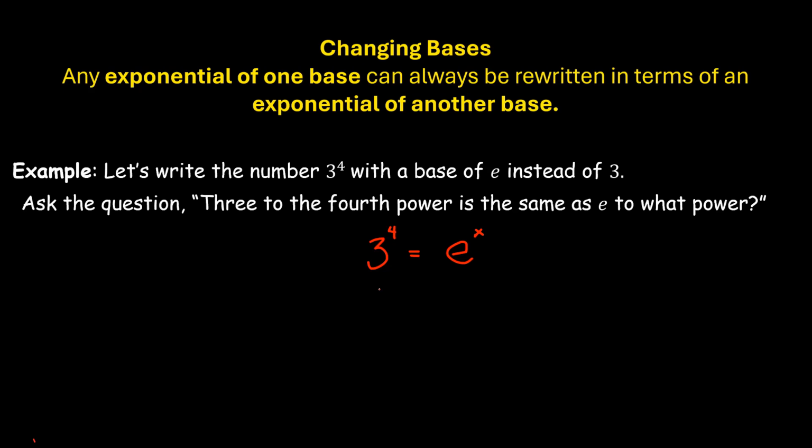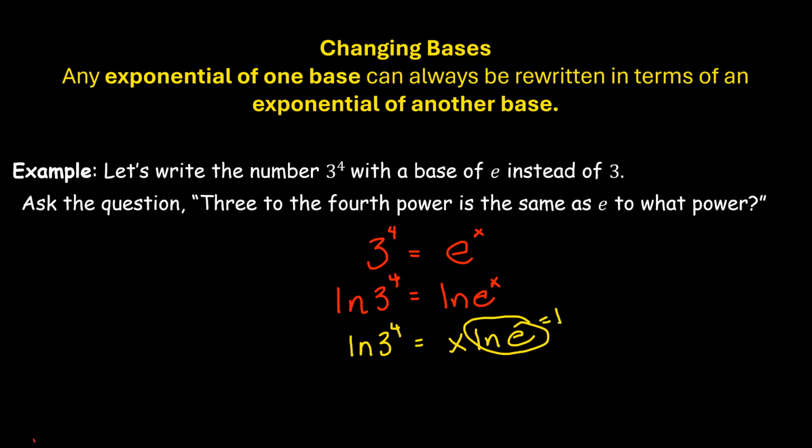If you take the natural log on both sides, you'll be able to use the power rule on the right side, and you'll have x times the natural log of e over there. And the natural log of e, remember, is just 1. So x times 1 is x. And so x would be the natural log of 3 to the 4th power.